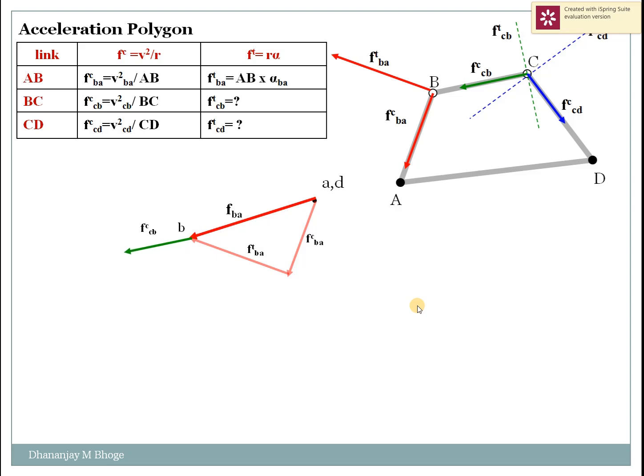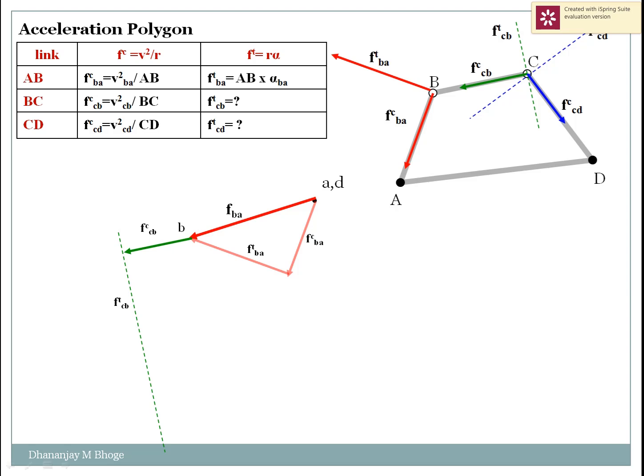So we'll start this vector at B, and to it we will add its tangential component FTCB, which is unknown in magnitude but known in direction. So we'll pick up this vector and add this vector to FCCB. We don't know its length, we don't know its direction, whether it is going upwards or downwards. So we'll draw this line of arbitrary length perpendicular to BC.